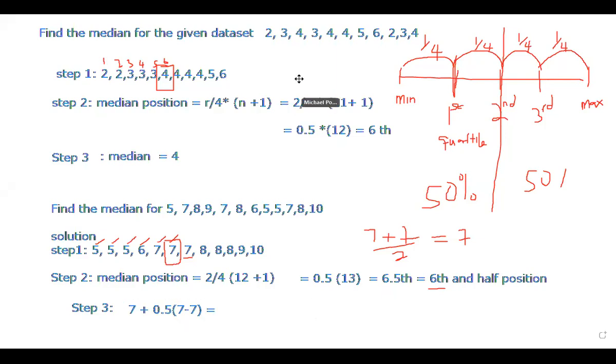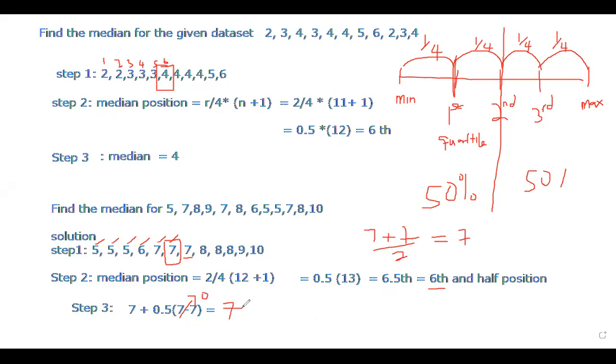So 0.5 times 0 goes to 0, which means our final answer is still going to be 7. That is the general approach for doing this.